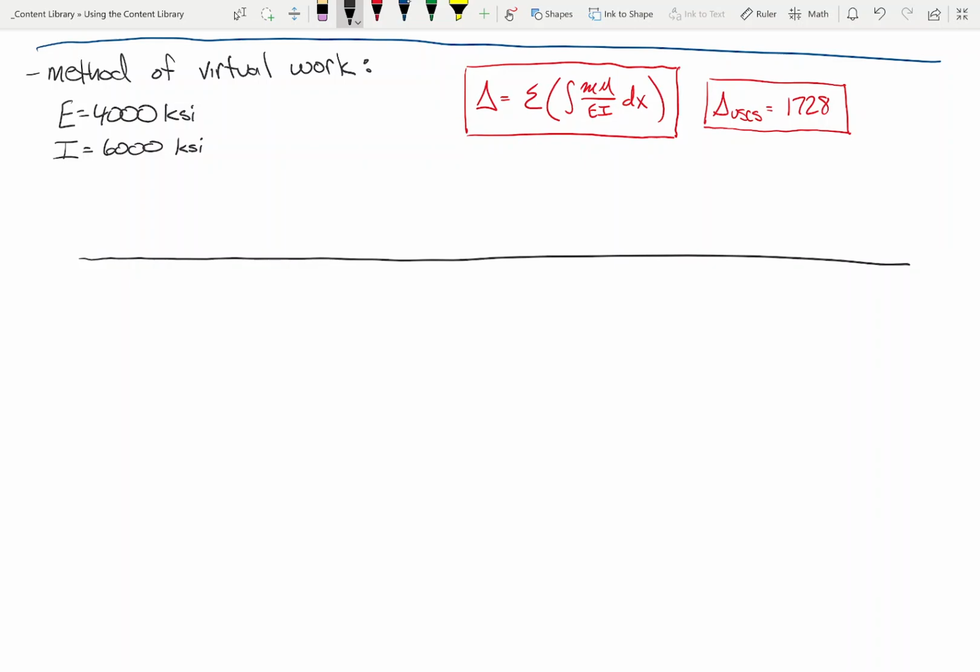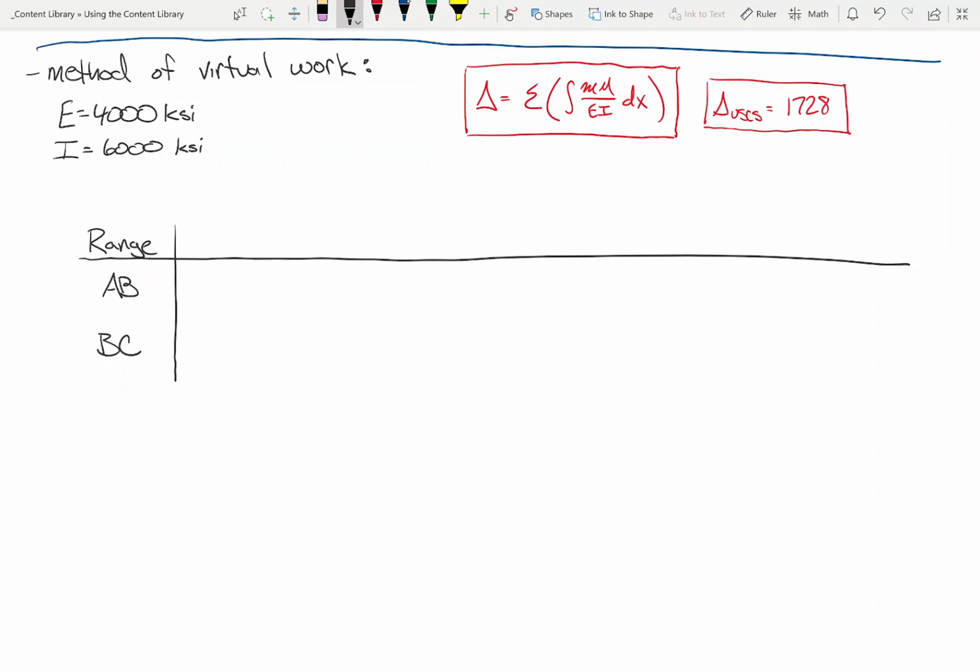Okay. So the first thing that I'm going to do is I'm going to say range. Okay? And I'm going to say that the range is, we're going to call this AB, BC. Okay? So the reason I'm doing this is ultimately what you're doing is you're trying to integrate across the entire span.